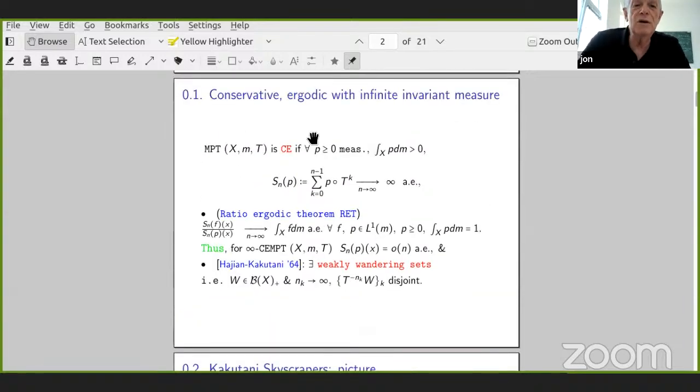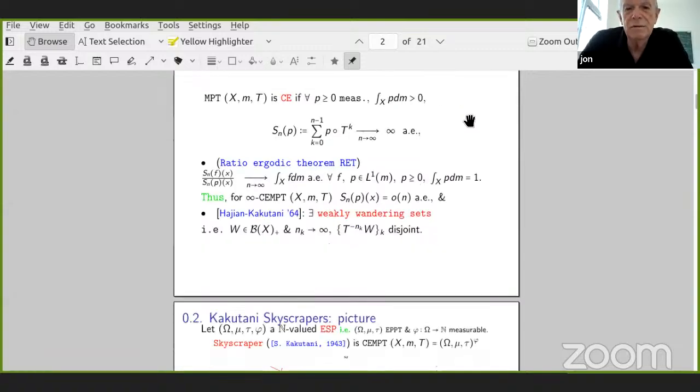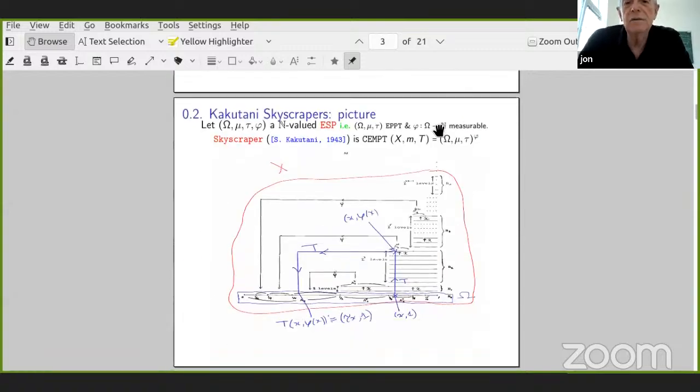Okay, most things we know, as Tanja showed us, most things we know about infinite measure, we get by inducing on sets of finite measure, and we look at towers. These towers are called Kakutani skyscrapers. So I have what you call an N-valued ergodic stationary process. That means it's an ergodic probability preserving transformation and a measurable function.